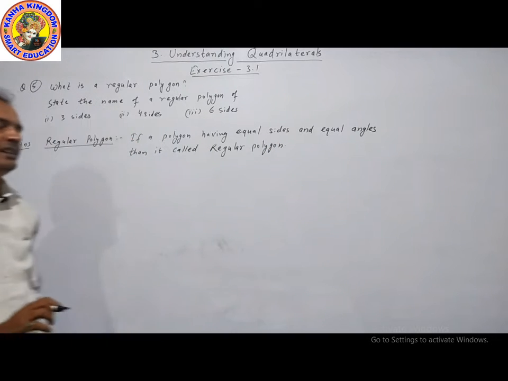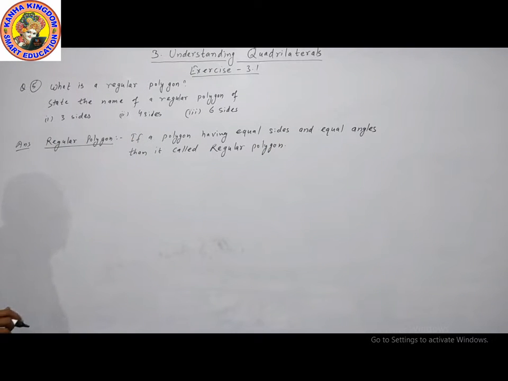If any polygon has all equal sides and all equal angles, then it is called a regular polygon.